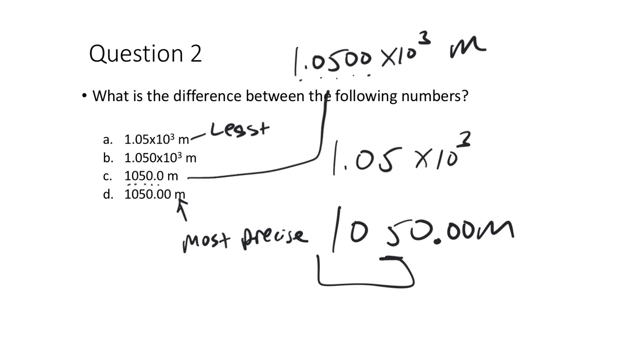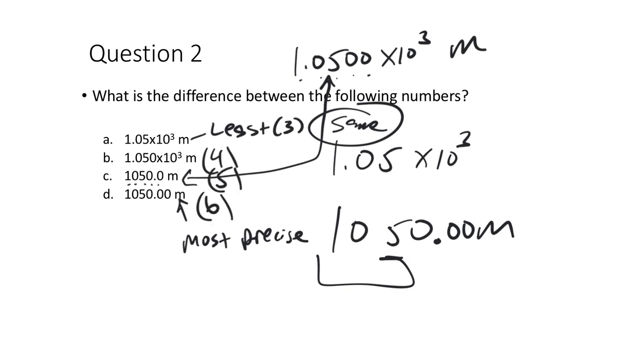So these numbers here are exactly the same number. So 1.0500 times 10 to the 3 is the exact same representation of the number 1,050.0 meters. Both of those are that value precisely given to 5 significant figures. Our least sig figs was 3. This is that value to 4 sig figs. We already said that's the 5, and the final one to 6. So this is just the least precise to the most precise giving of that number 1,050.